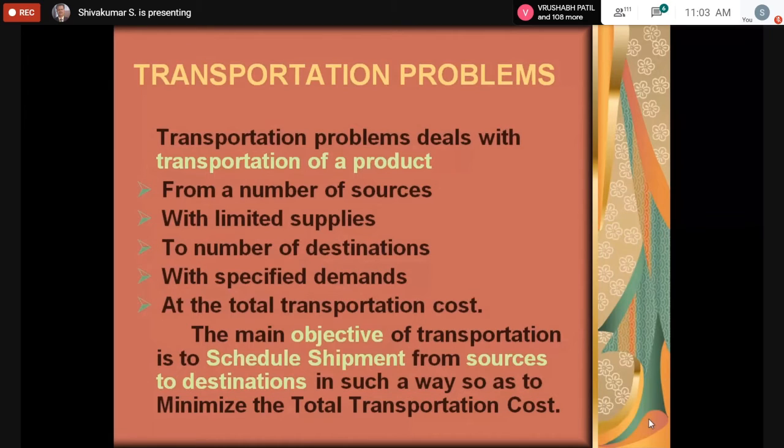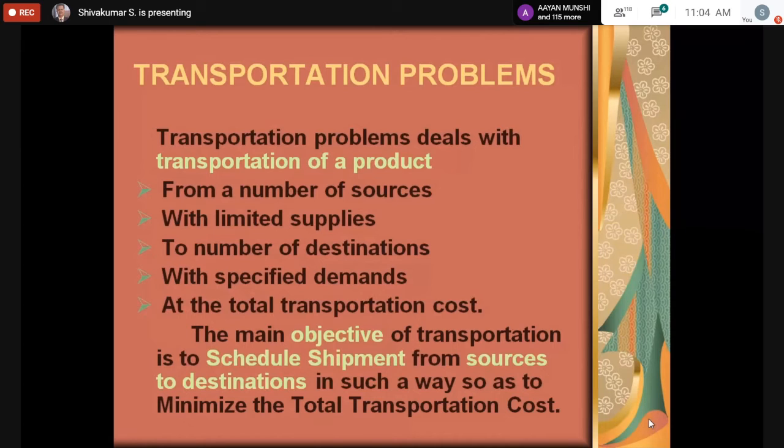That involves movement of a product, maybe raw material, finished goods or WIP, work in progress. Transporting from origin to destination involves cost. The basic objective of this chapter is to reduce the transportation cost between two places.